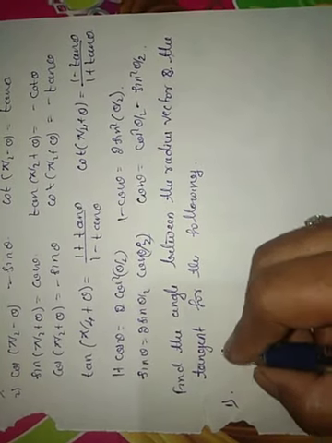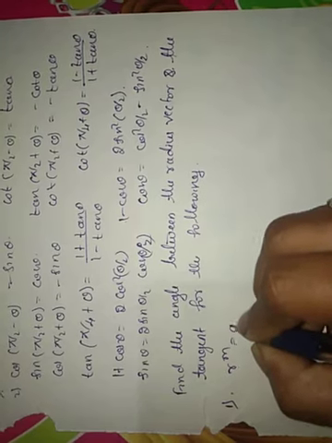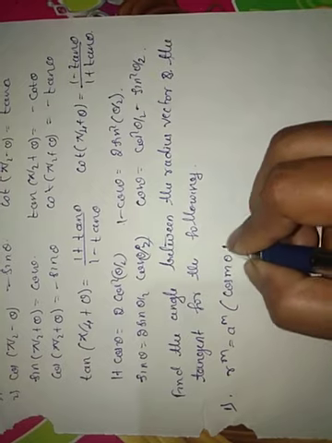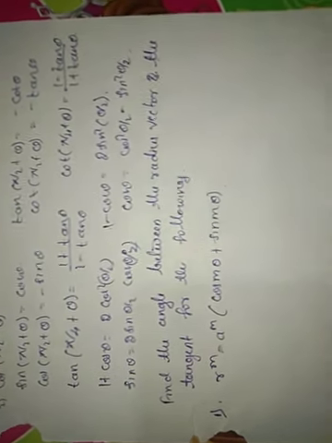In that, the first one is r raised to m equal to a raised to m of cos of m theta plus sin of m theta.